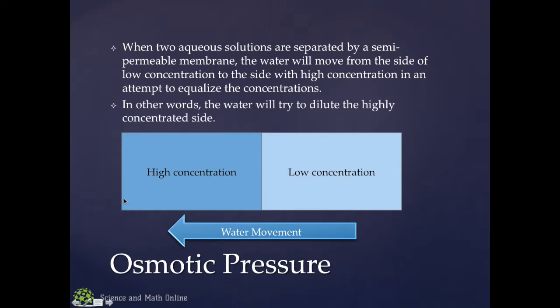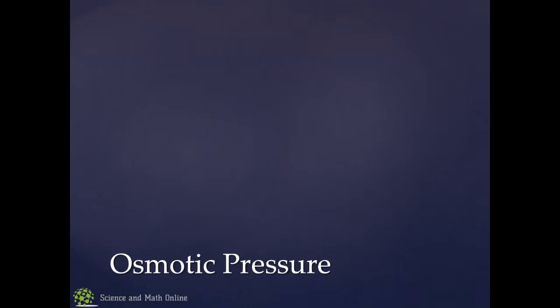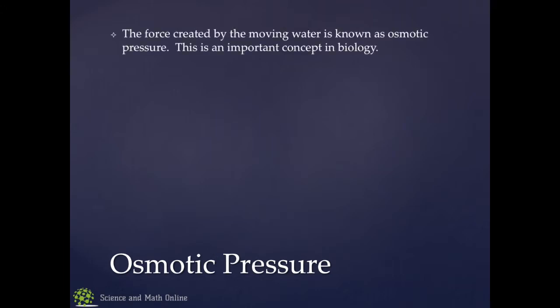Okay, so it's trying to dilute that highly concentrated side and trying to make them be equal. All right, so this comes into play in multiple places. So the moving water exerts pressure, and the more water you have, the more pressure it exerts. So this is a really, really important process in biology.